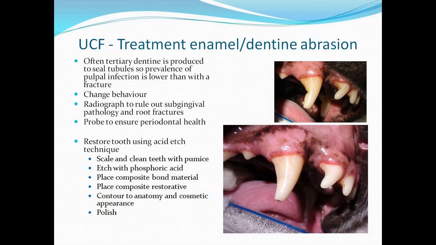So if we have a structurally sound tooth, then we can go ahead and restore it. So in this situation, we elected to restore the tooth just in a composite resin. So that involves cleaning the teeth, scaling and polishing the teeth. So you scale the teeth as you would normally scale the tooth. You then need to pumice or clean the teeth.